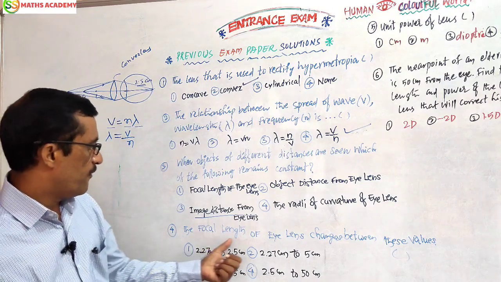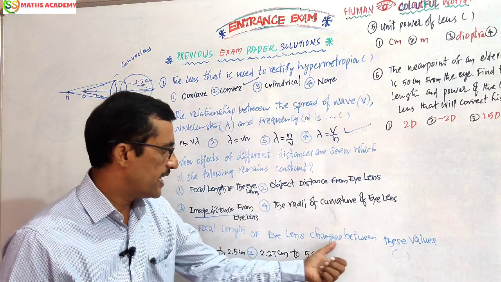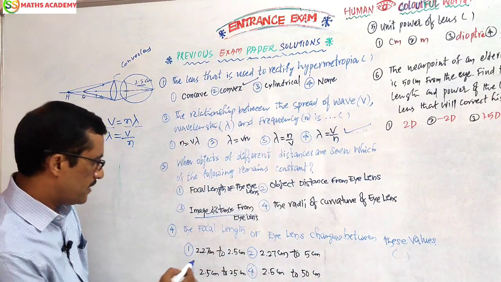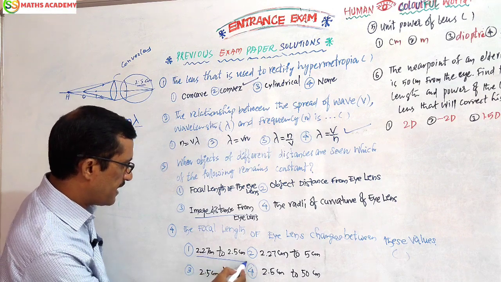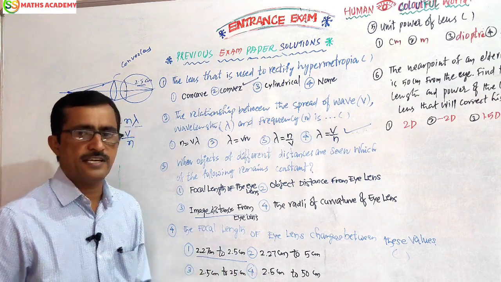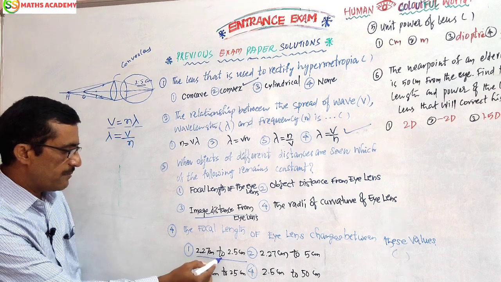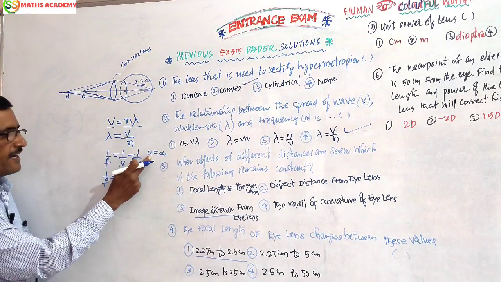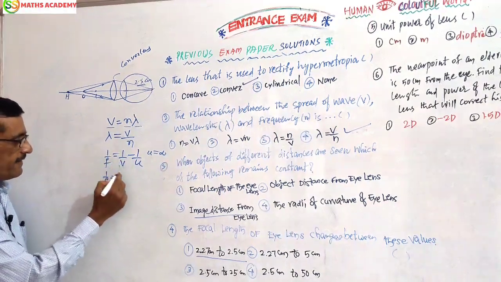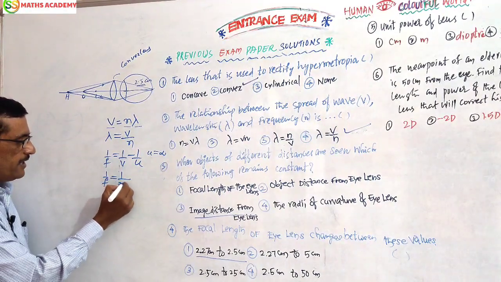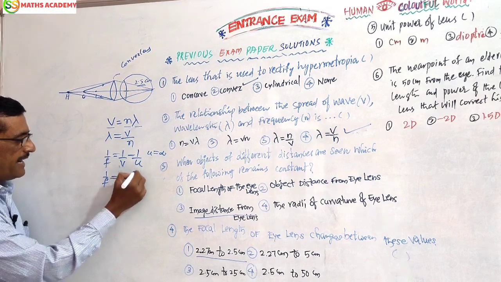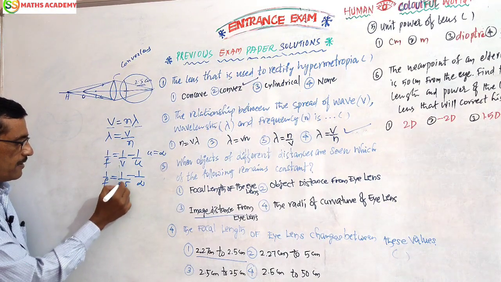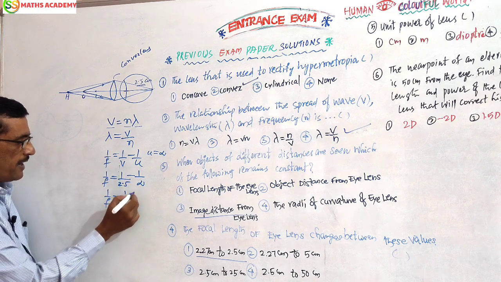Next, the focal length of the eye lens changes between these values: 2.27 centimeter to 2.5 centimeter. How is it possible? Let the object be at infinity. So we can write 1 by f equals 1 by v minus 1 by u, where v equals 2.5 and u equals infinity. Since 1 by infinity equals 0, 1 by f equals 1 by 2.5.